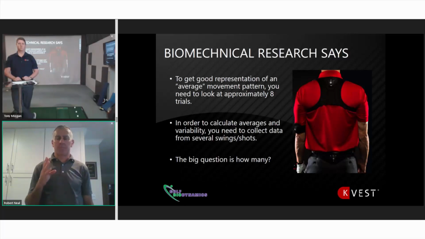With 8 swings, you've got a really high likelihood of getting data that are going to be representative of whatever it is that you're measuring. So bear in mind that I typically will do 5 or 6 swings and feel reasonably confident about that.